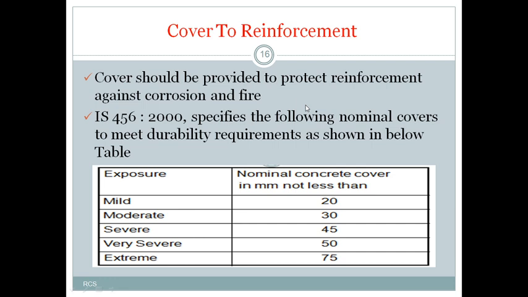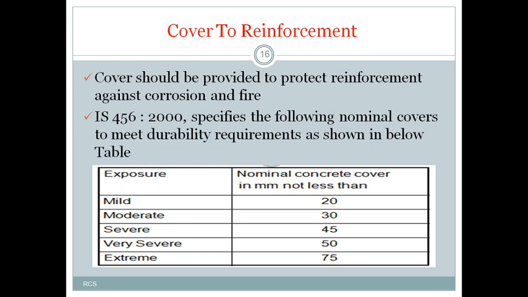And why should we provide this cover in reinforced members? It should be provided in the member to protect the reinforcement against corrosion and fire. Suppose you do not provide a cover in the member, then the reinforcement will be exposed to the atmosphere.